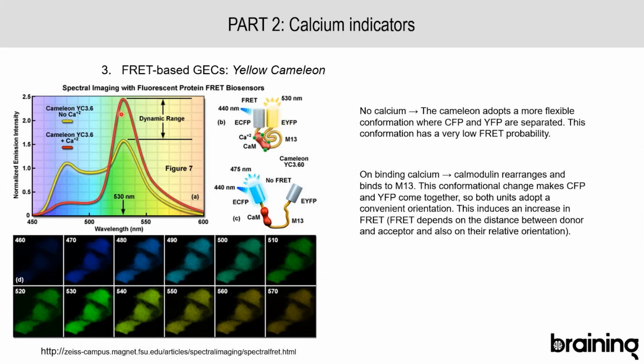Here is the difference, this dynamic range, that is the difference between the absence of calcium compared to the presence of calcium. And as you can see here, these are also some representative images of the increase of the calcium in the system, the change that we will have in the fluorescence of this stimulated sample.